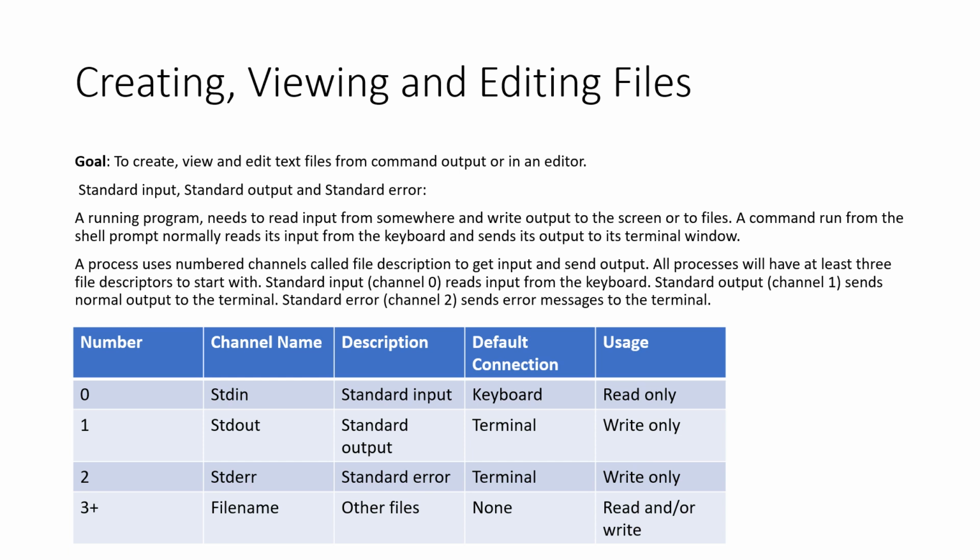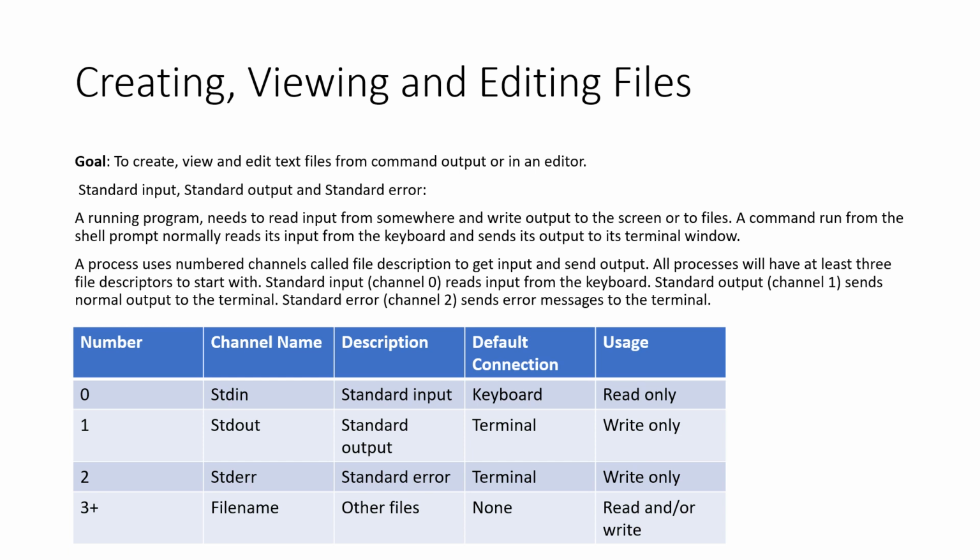So its usage is read only. Number 1 is stdout, standard output. Whatever commands we are executing on the terminal, it will display the output, and its usage is write only. Number 2 is standard error.